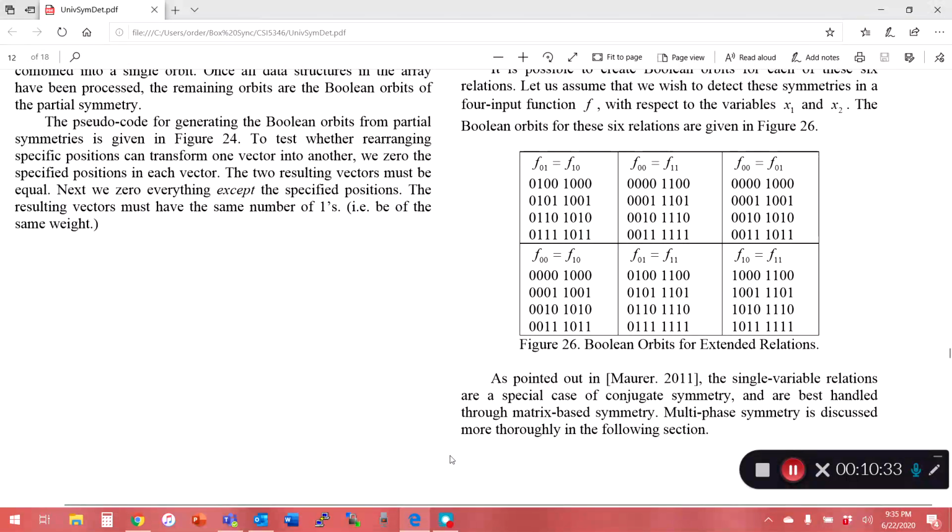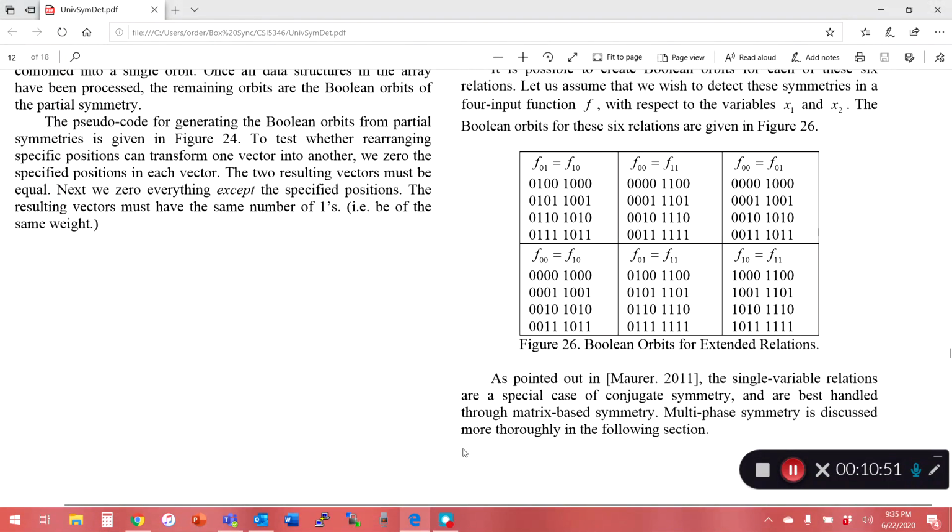Figure 26 gives the Boolean orbits of each of these comparisons, or each of these relations, assuming that the relation is true. These Boolean orbits would be able to detect those symmetric variable pairs.